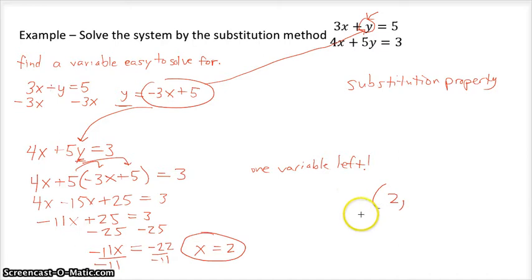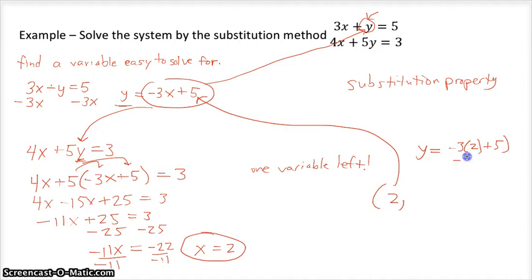Now I don't know what y is equal to, but if I plug it back into this equation here, or either of the two equations I started with, I can find out what y is. So y is equal to, well, we just got done saying that it was equal to negative 3 times x plus 5.